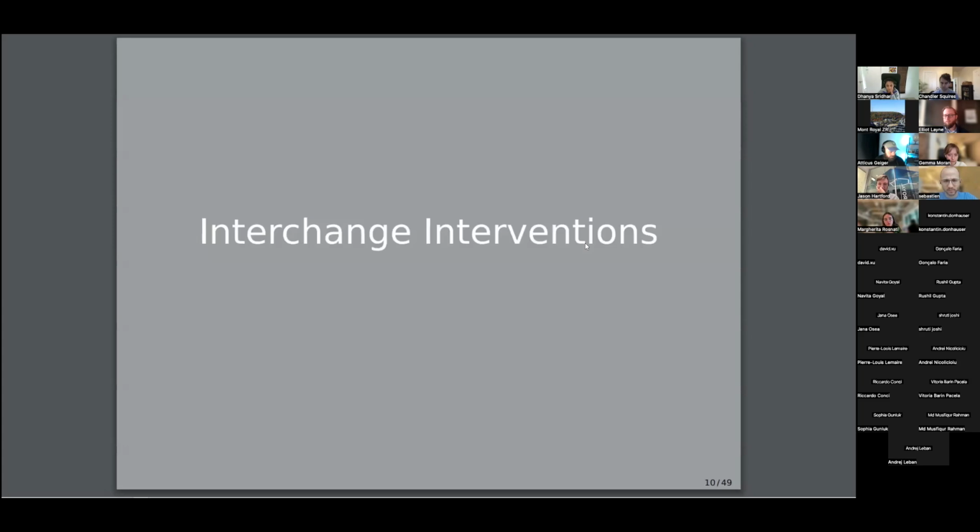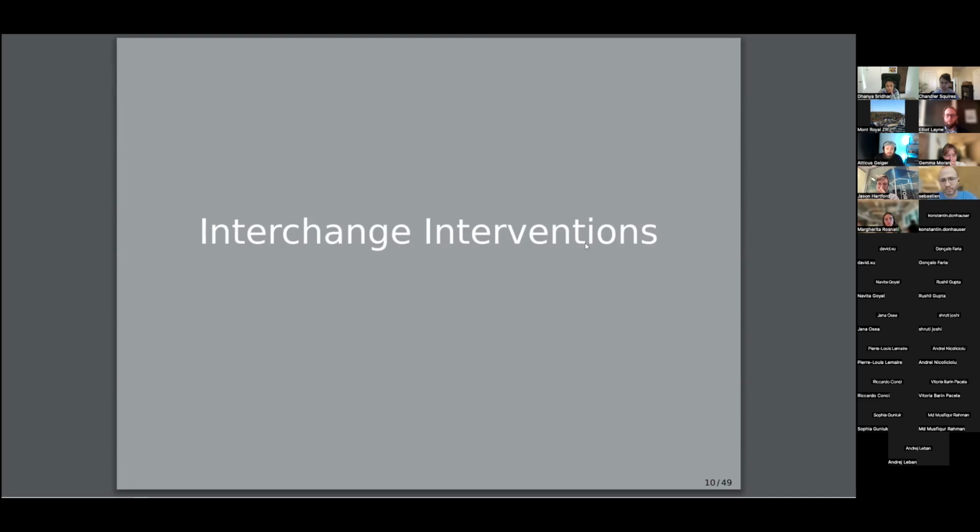All right, so interchange interventions. A very natural question is, if abstraction is a matter of verifying that interventions at a low level system are going to have the same effect as interventions at a high level system, what are the sorts of interventions that we want to consider?